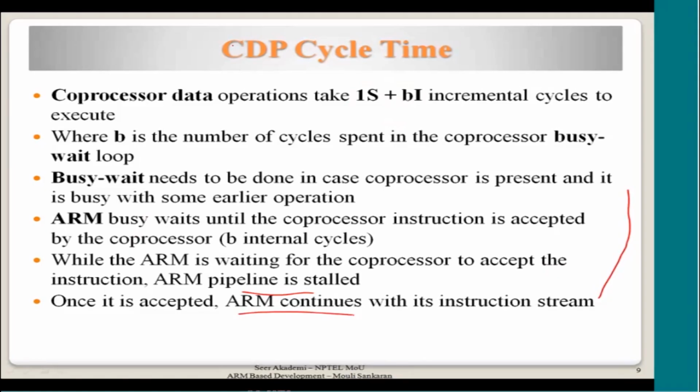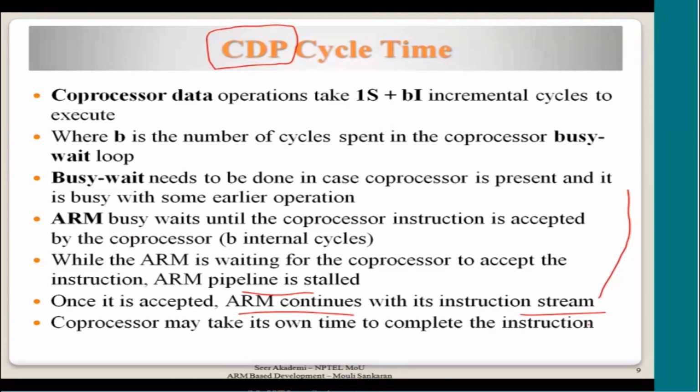Because it's a data processing instruction, ARM doesn't have to do anything, because it has to do with the internal operation of the coprocessor. The instruction has all the operands required for the data processing, and it has to be done by the coprocessor. So ARM doesn't have to do anything except wait till it is accepted, then carry on with its job. That's why ARM continues with the instruction stream as soon as it is accepted.